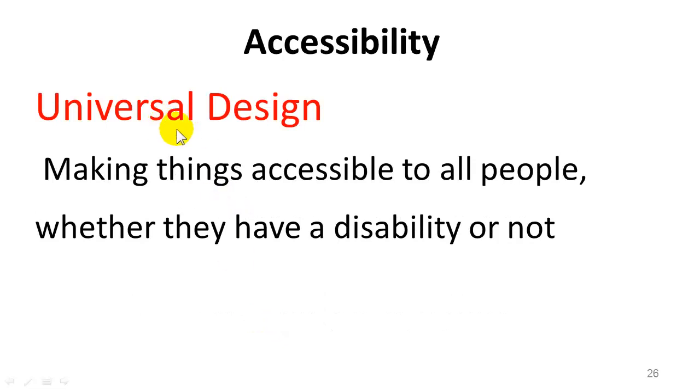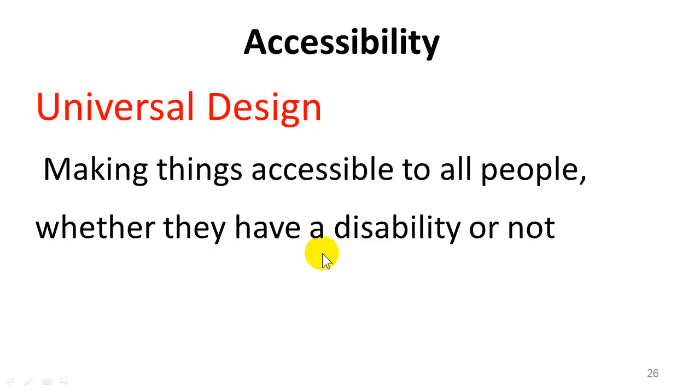You might hear the term universal design, and universal design is one step ahead of universal accessibility. It means making things accessible to everyone, regardless of whether they have a disability. And if we incorporate universal design into our products, it will be accessible. Because maybe I don't have a motor difficulty, but it just might so happen that I recently sprained my wrist.